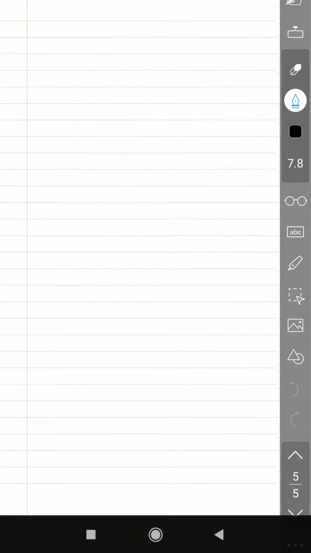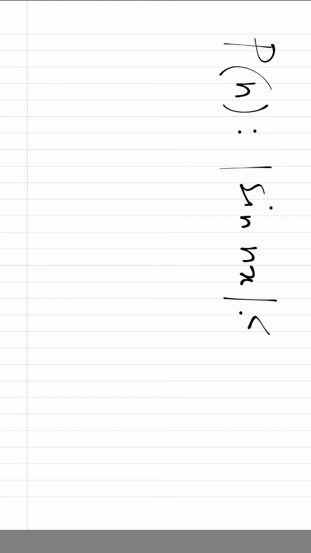Let me give another example, the final one: mod of sin nx is less than or equal to n times mod sin x, and it will be true for all x belonging to R.